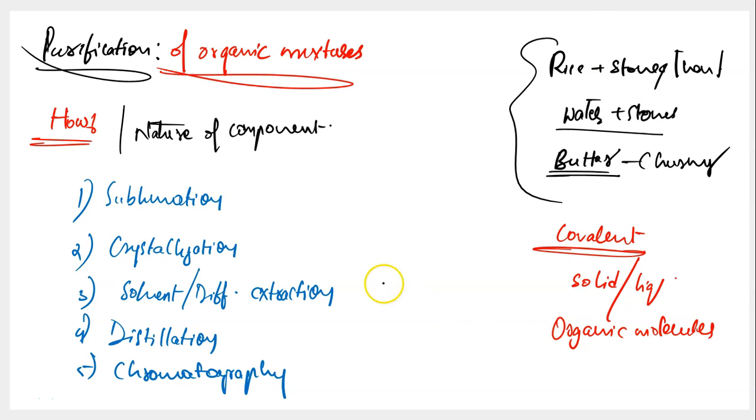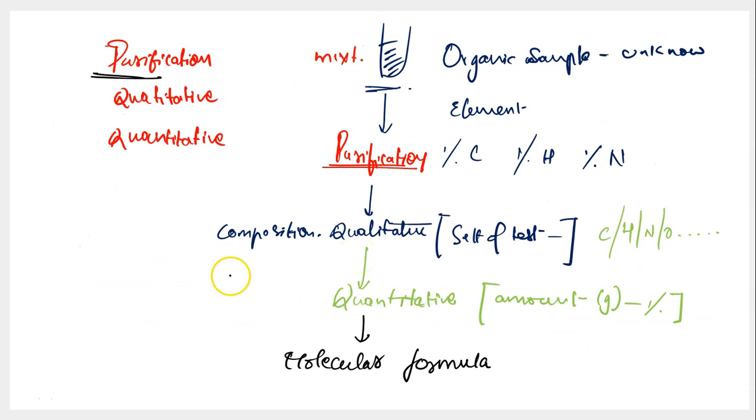But for now, we are talking about practical chemistry. In practical chemistry, the entire agenda is to be able to sort the mixture that's given to you, purify it, identify its composition by qualitative analysis, identify the mass of the components through quantitative analysis, and finally derive the molecular formula. So we are in the first step of this entire process, which is purification techniques.